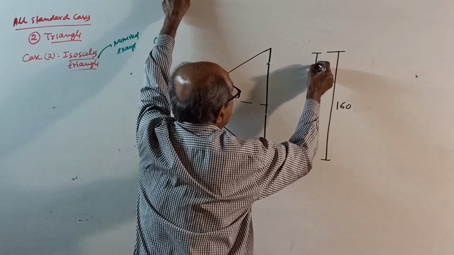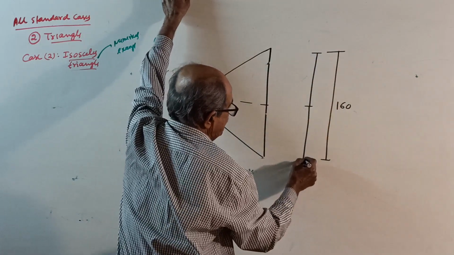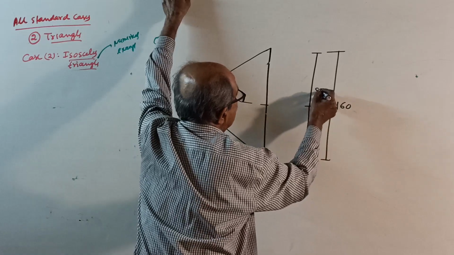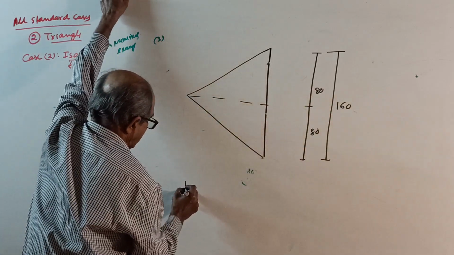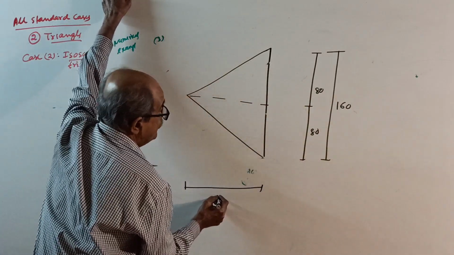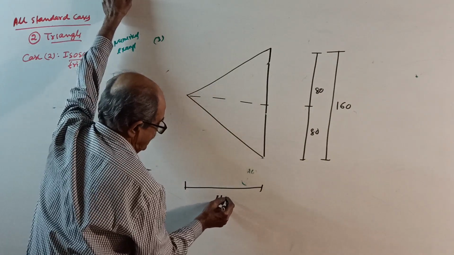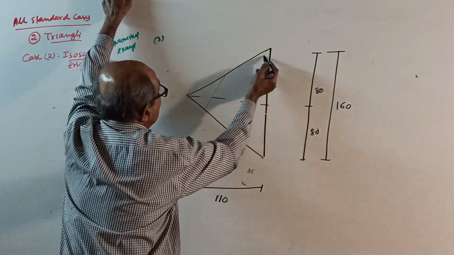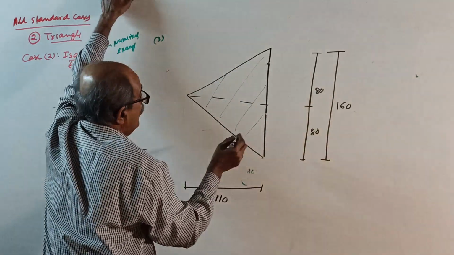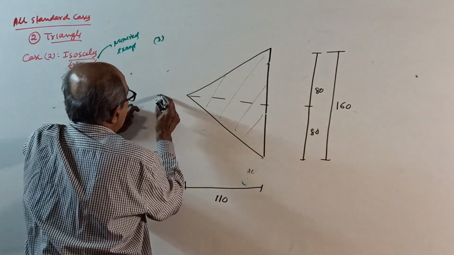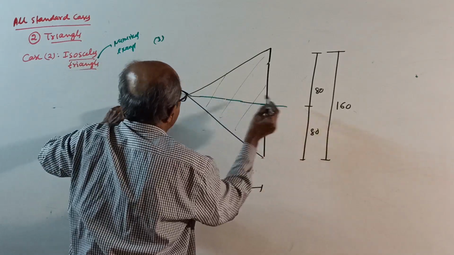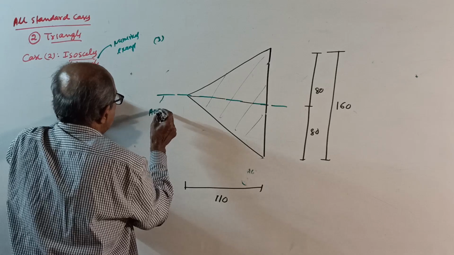Also given, these two are 80, midpoint. Therefore, it is an isosceles triangle. Be careful, this is 180, 110. Okay, now, take a single triangle. Dividing is not required. See, this is the axis of symmetry.